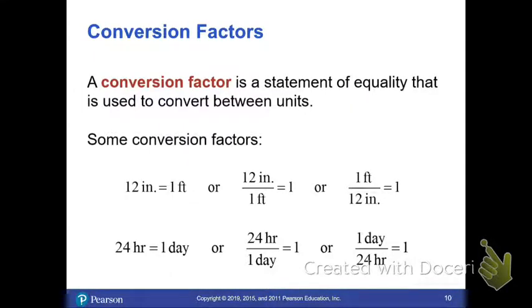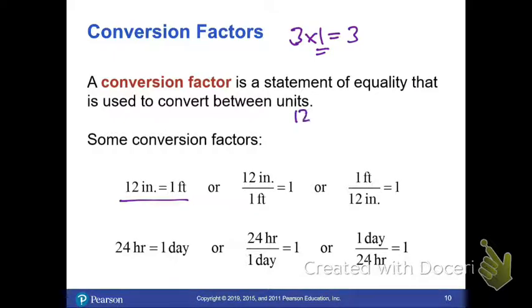To help us to be able to change maybe from one unit to another, we're going to use what we call a conversion factor. And a conversion factor is a statement of equality that is used to convert between units. All right. So remember when I said if I multiply, say 3 times 1, anything times 1 does not change the value of the problem. So in this case, if I have, say, 12 inches is equal to 1 foot. So this is a given unit conversion. Okay.